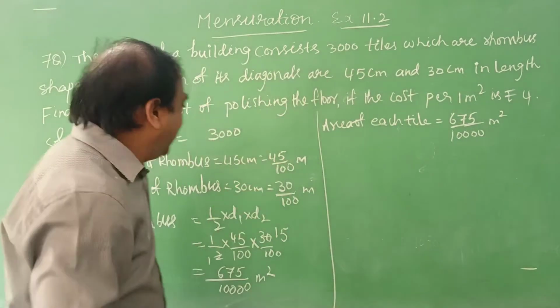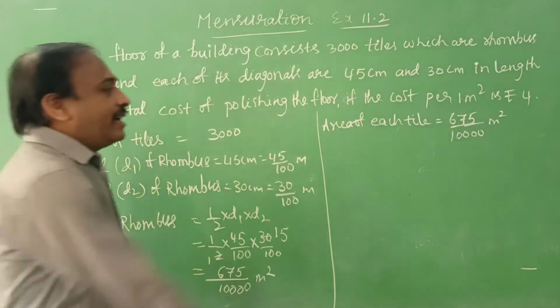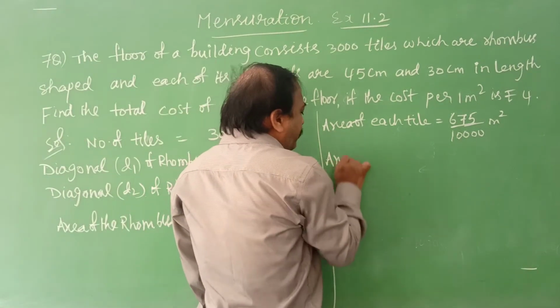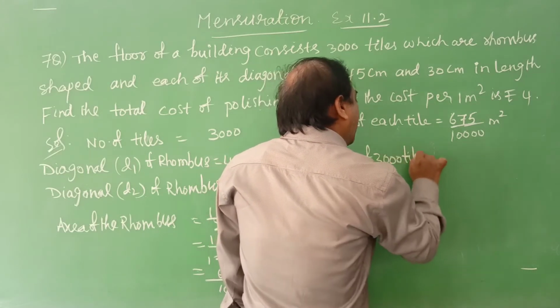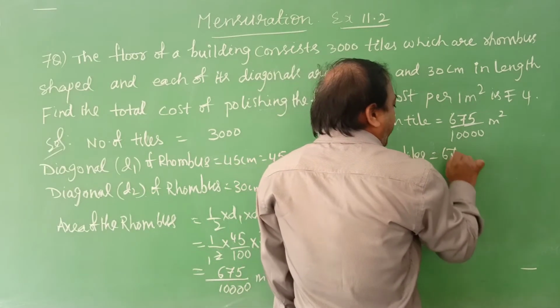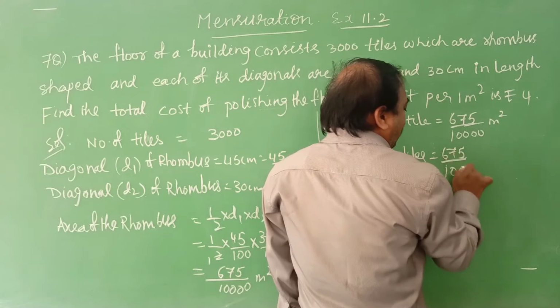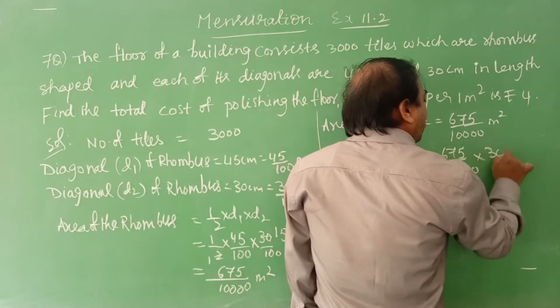Now, how many tiles do we have? 3000. Area of 3000 tiles is equal to 675 by 10,000 into 3000.